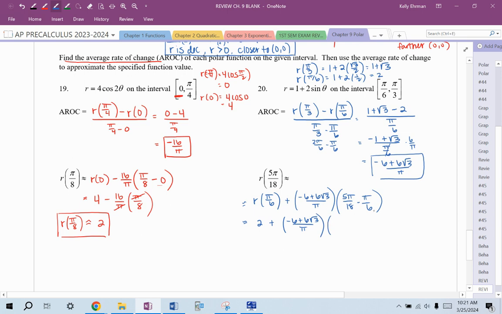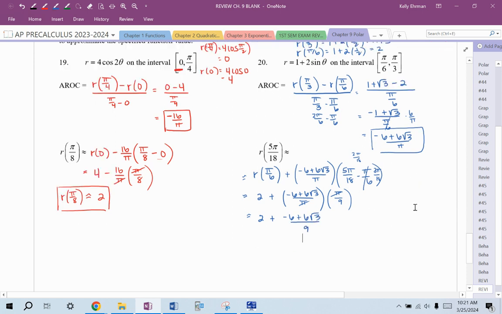Let's do the subtraction here. 5 pi over 18 minus 3 pi over 18 is 2 pi over 18. Might as well make that pi over 9. These pi's are allowed to cancel. 2 plus, let's see, negative 6 plus 6 radical 3 all over 9.